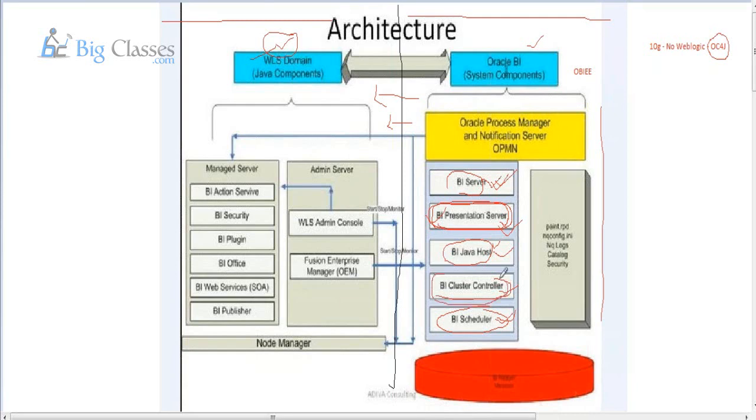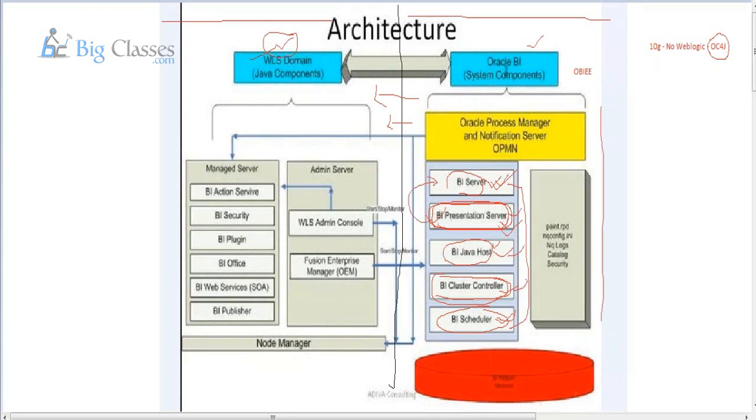Then cluster control. Cluster control is nothing but a load balancer for all these servers. For example, in the presentation server, you have created a report and you want to see it. If you click on that report data, the request comes to the BA server.